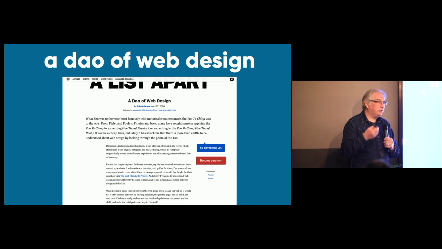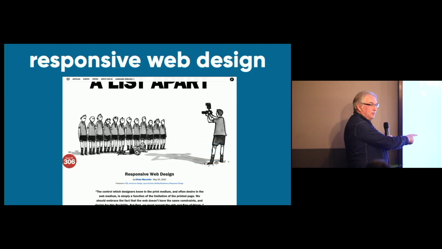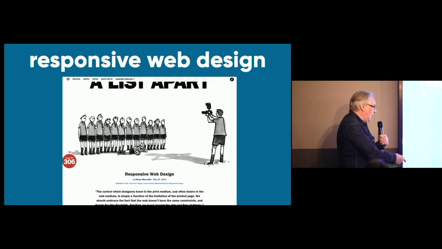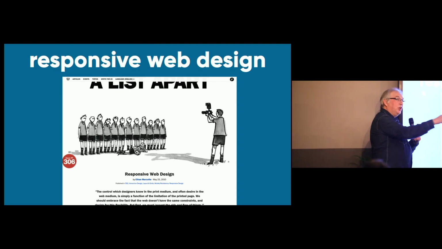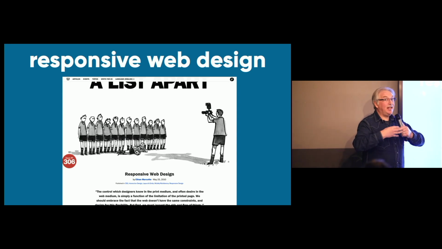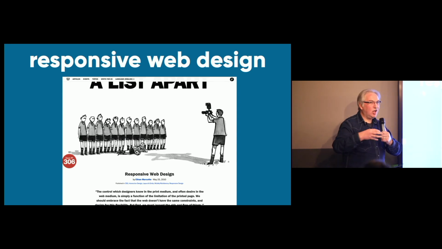You don't have control over how people access the web. And that's okay. Ten years after A Dao of Web Design, Ethan Marcotte published this article on A List Apart, Responsive Web Design. And he begins by quoting John Allsopp's article from 10 years earlier. And this is like the next step in letting go of control, right? Giving up our fixed width layouts, going fluid, going responsive.